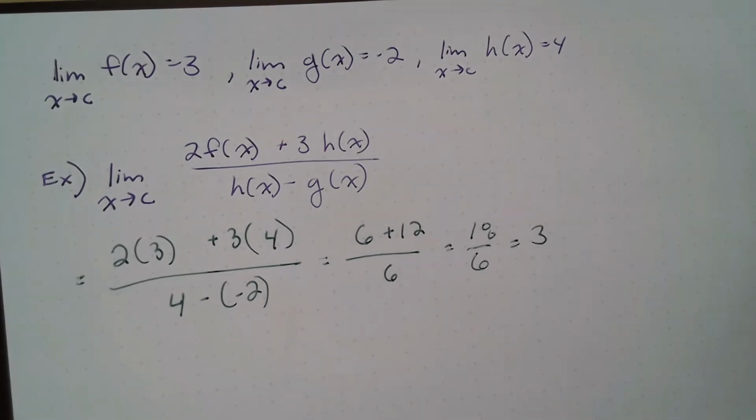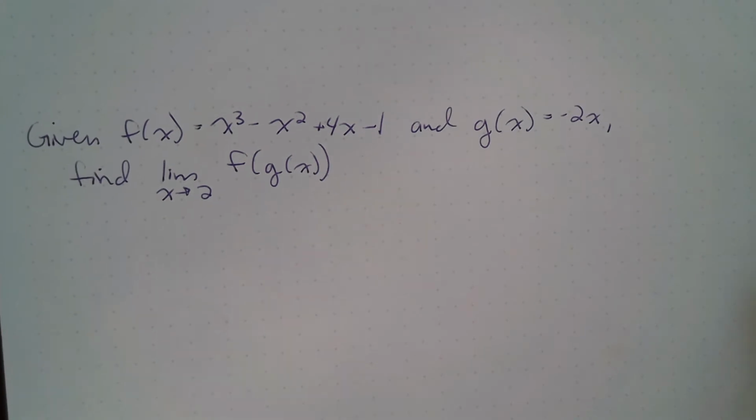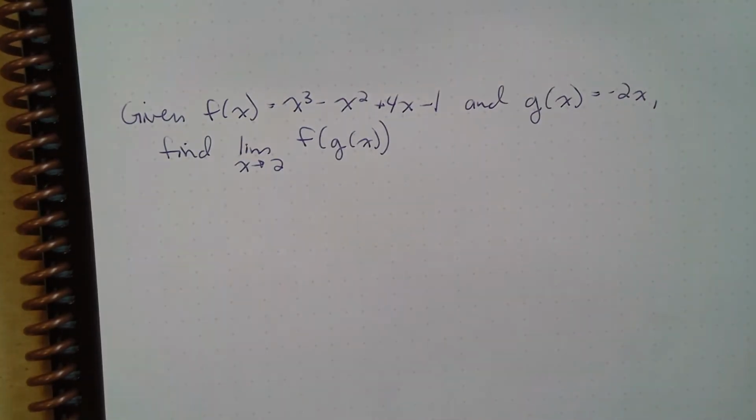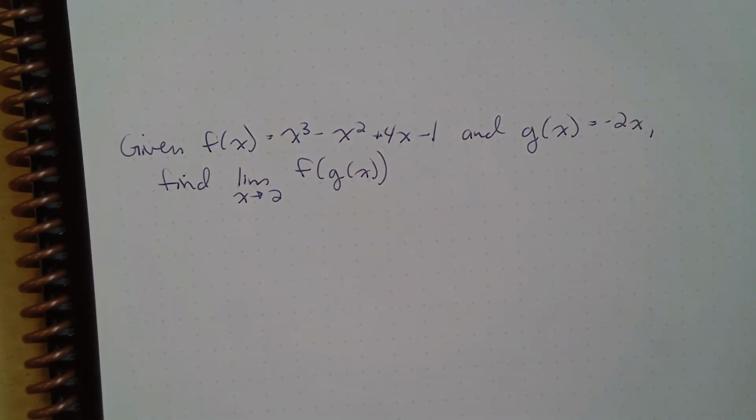Let's do one more. Throw some of that composite in. That's what I like. All right. Given f of x is equal to x cubed minus x squared plus 4x minus 1, and g of x is equal to negative 2x, find the limit as x approaches 2 of f of g of x.